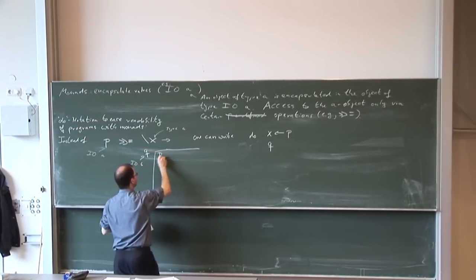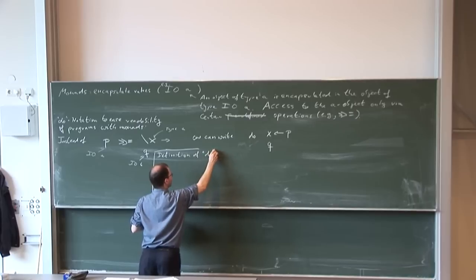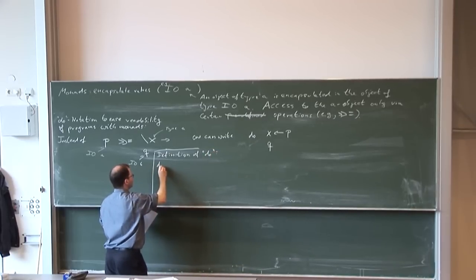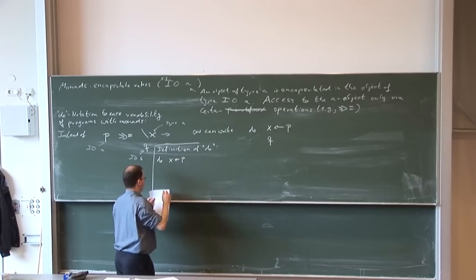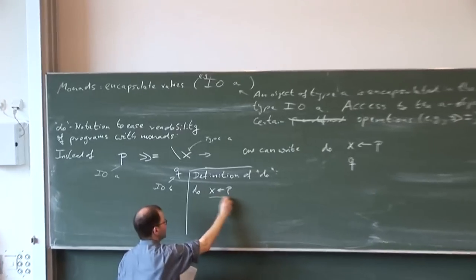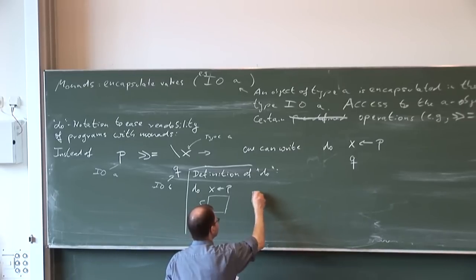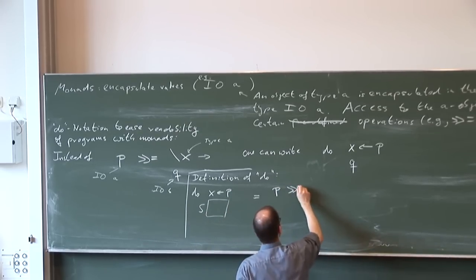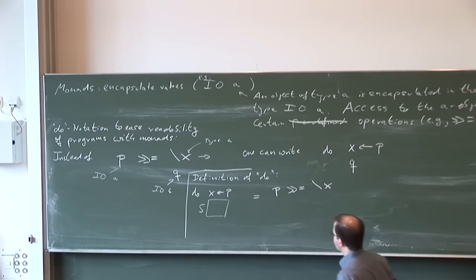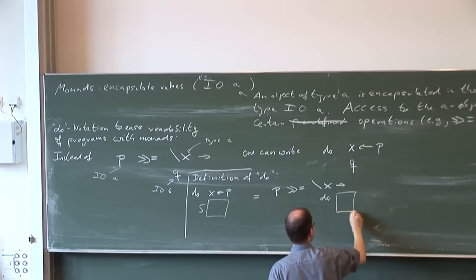So the definition of do is therefore as follows. If you write do and then x arrow p and then some remaining declarations, let's call them s, then this is the same as writing: you first perform action p and then you bind the value that is the result of p to the variable x, and then afterwards you perform this remaining block s.